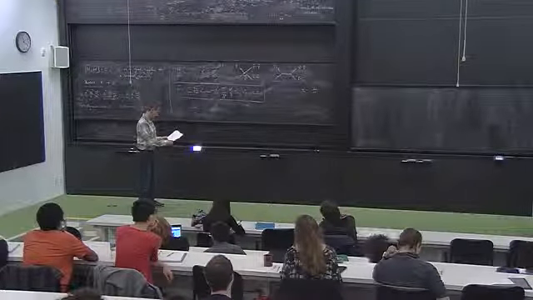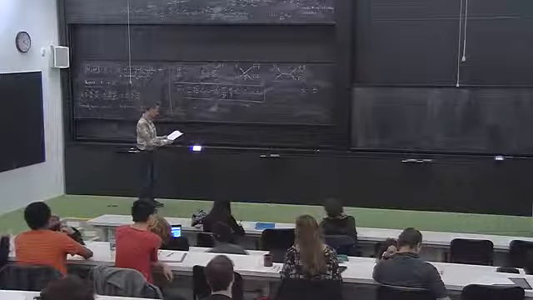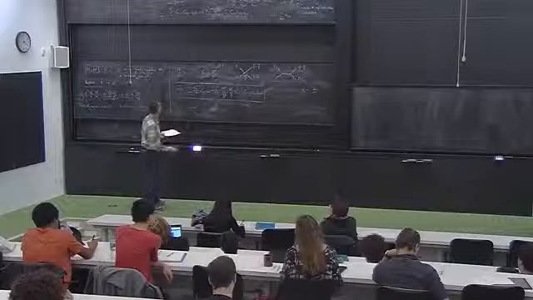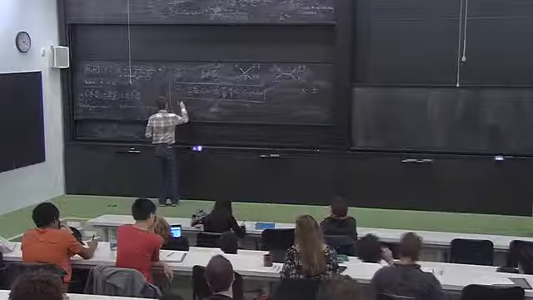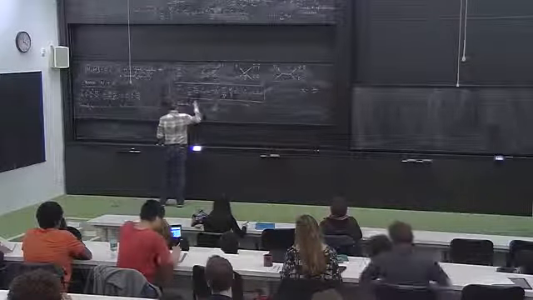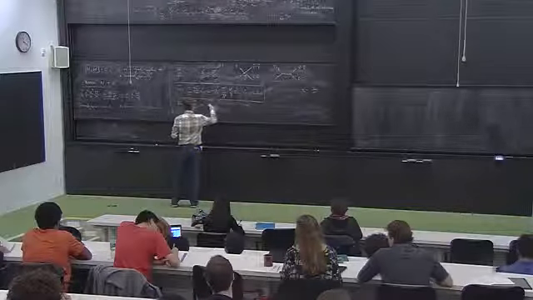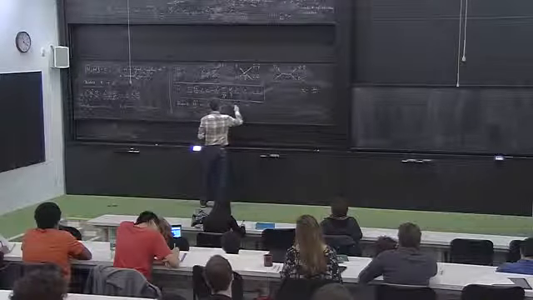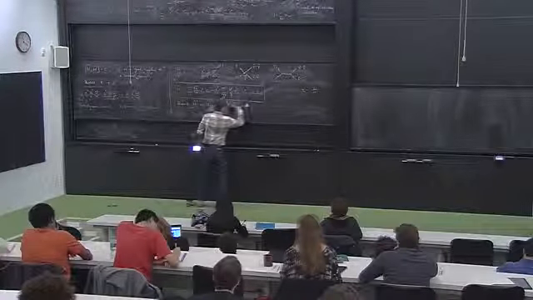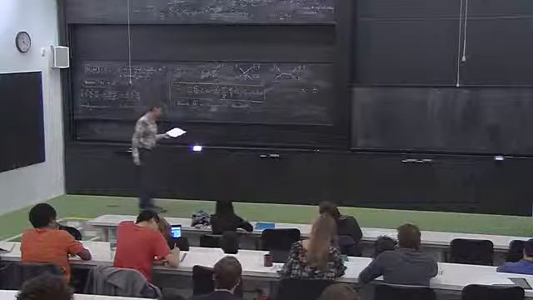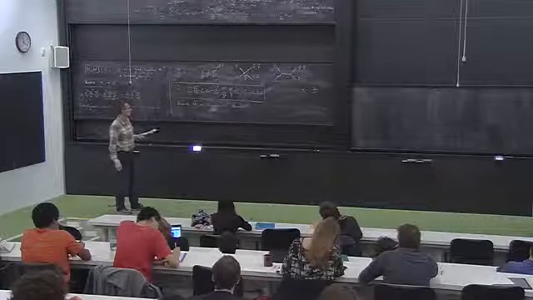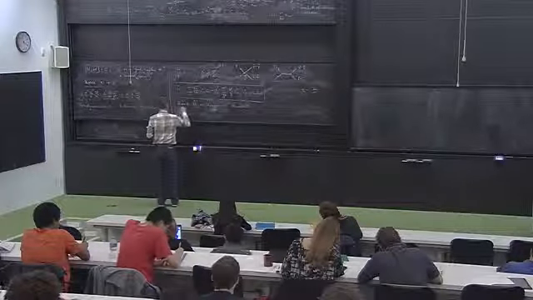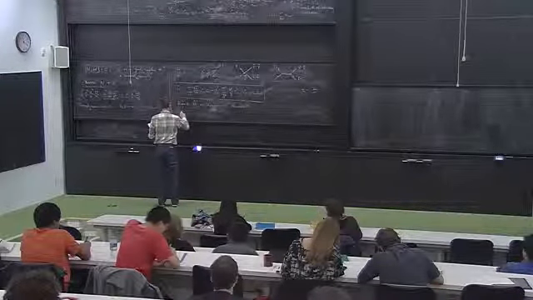Let me rewrite this Hamiltonian in dimensionless variables. In order to do that, let's first consider what the typical length scales are that occur in the system so that we can then divide them out.